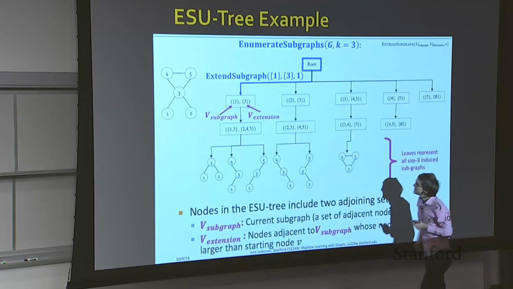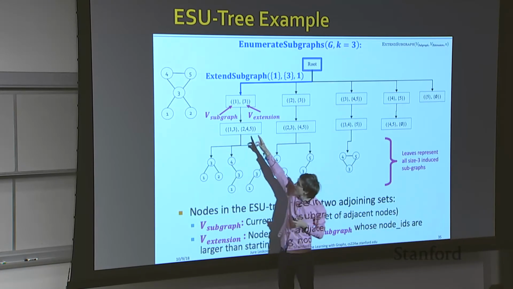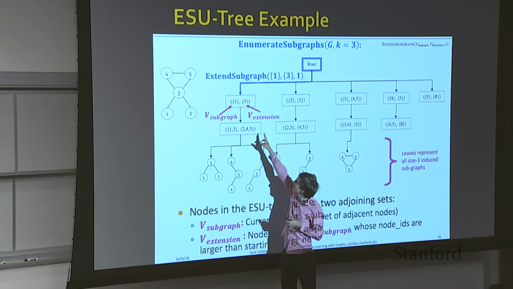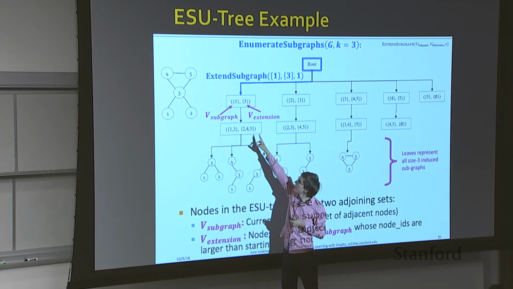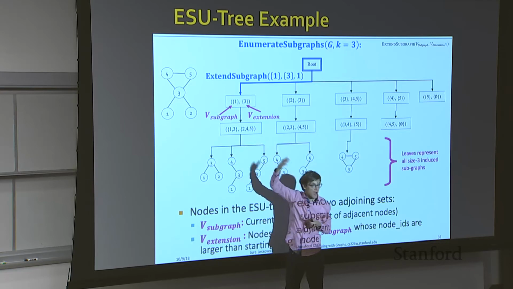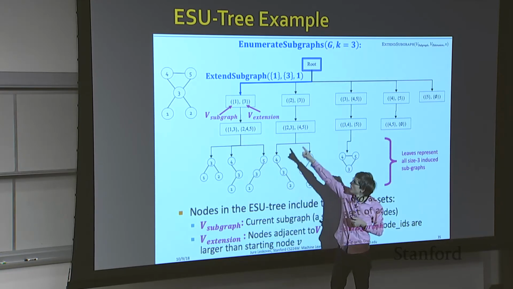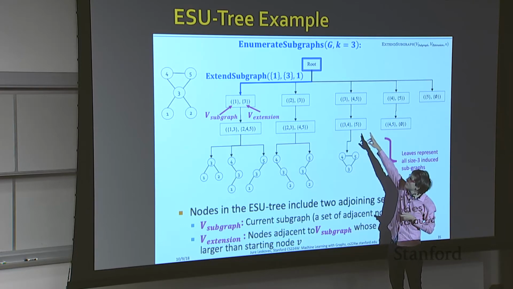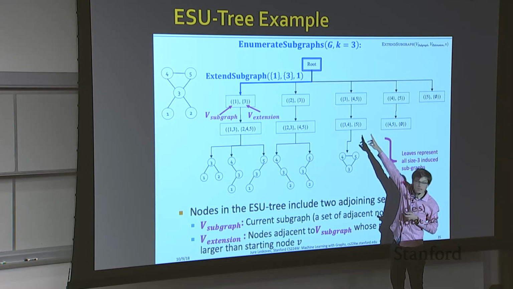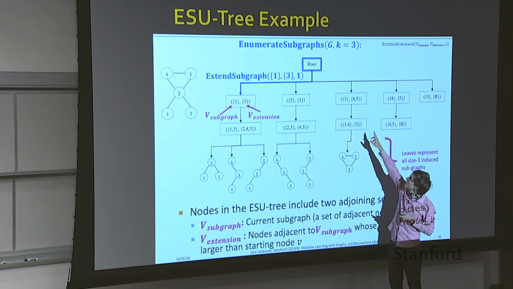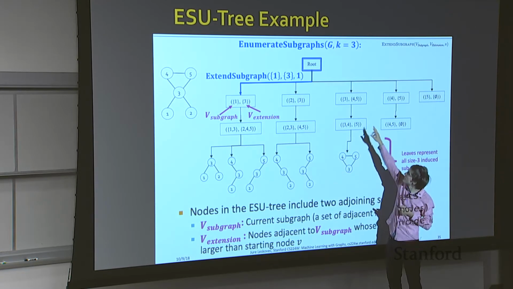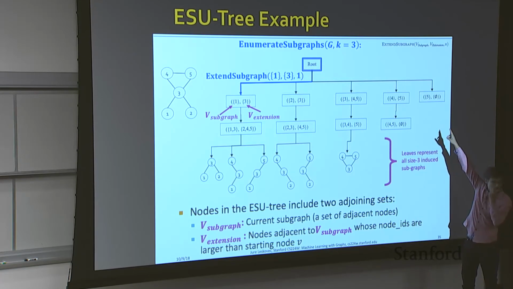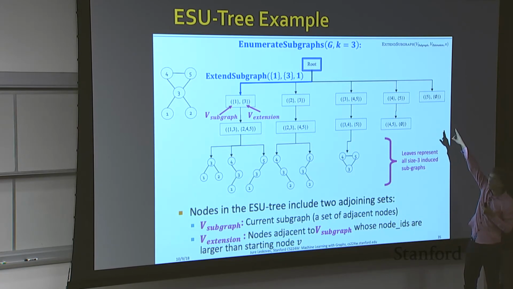Okay? And now at every one I have built a subgraph of size 1 with node 1 in it, and then the V extension are all the neighbors of node 1 that have ID greater than 1, so node 3. For example, when I built a subgraph out of node 3, I'm only allowed to take neighbors who have ID greater than 3. So this would be nodes 4 and 5. And then, for node 5, there are no neighbors that have ID greater than 5.